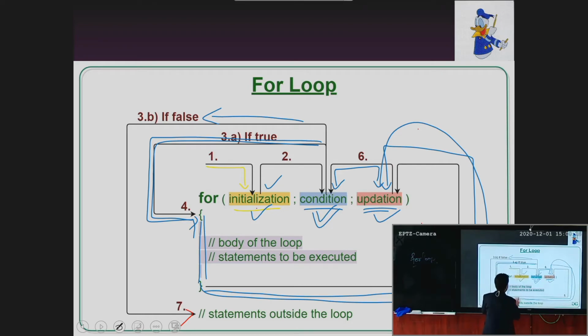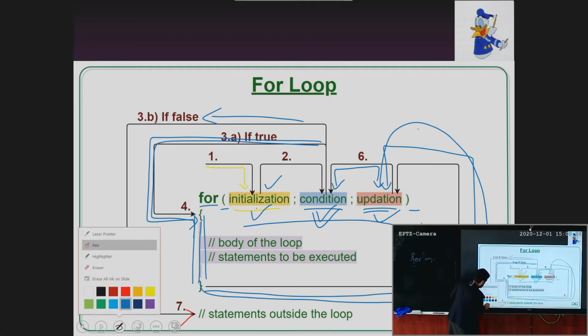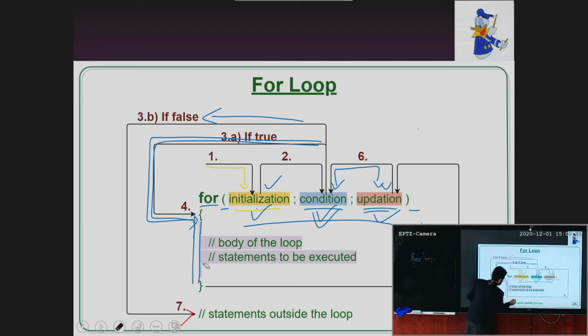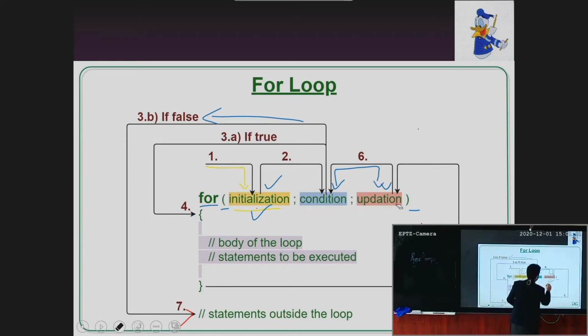Okay, so this is the brief overview of how we introduce the for loop and how it actually executes in programming. We have already seen the syntax: we need to introduce for with parentheses, and there must be three statements inside the parentheses: initialization, condition, and update. Then there should be a body. Okay, so remember that there is no semicolon here to terminate the for loop.